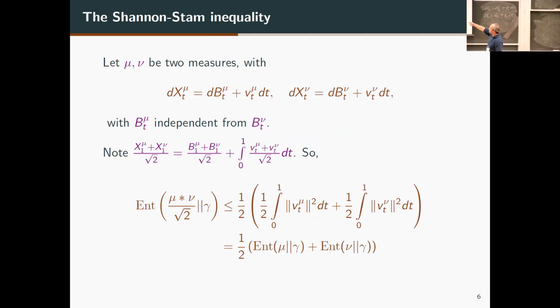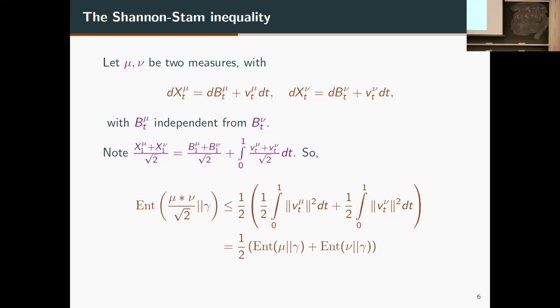Let's take two processes, one with respect to mu, and the other one with respect to nu. Very similar to what we had here, but the main difference is that here I chose the two Brownian motions to be the same, but now we can take two Brownian motions which are different from one another. They're independent.